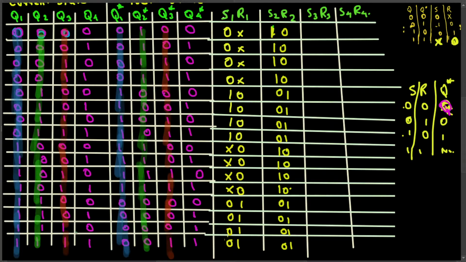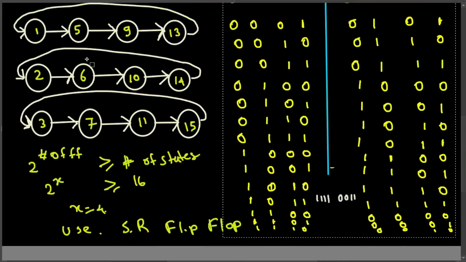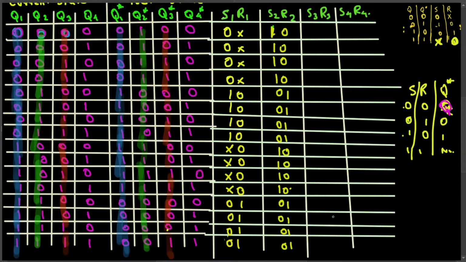This is 14. When it's 14, because 8 plus 4 is 12, 12 plus 2 is 14. When it's 14, what's the previous state? That is 2. So this is a mistake here. Let me correct it. This one should be 0 0 1 0.